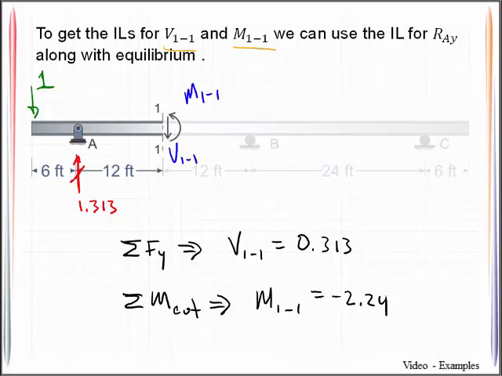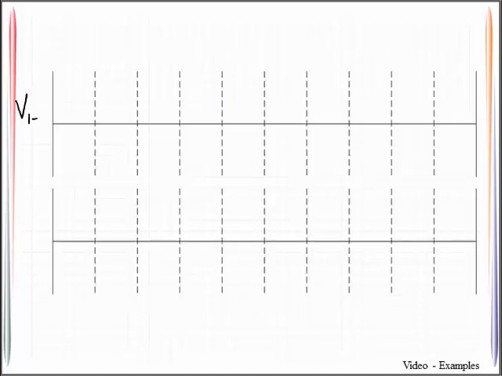So since the point load is to the far left, what I can do is I can begin to plot these on my influence lines, V1-1, M1-1, and the units on this going to be feet. So I'll go ahead and plot this out. This is 0.313, and this down here is negative 2.24.